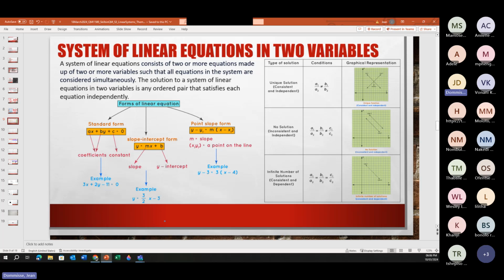Let's quickly look at when we deal with two variables. Again, you will see a few standard forms. So there's ax plus by plus c.